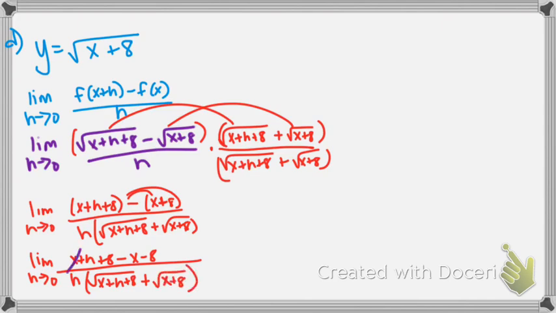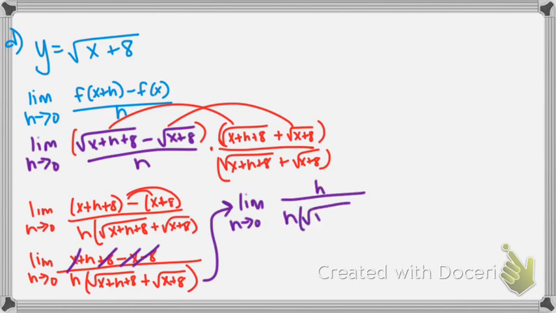All right, we get x minus x, 8 minus 8, and we have an h top to bottom that I will cancel, just not quite yet. Limit h approaches 0. We have h over h, radical x plus h plus 8 plus radical x plus 8. The h cancels. We have a 1 left on the top. Make sure you remember that 1 up there.